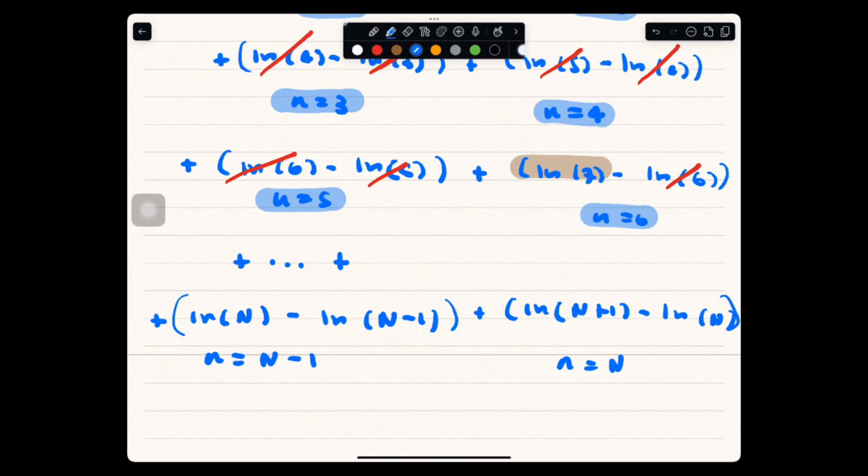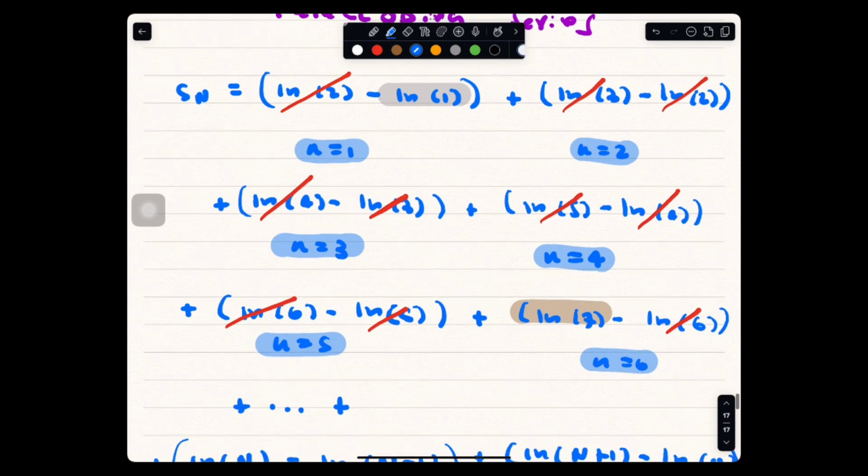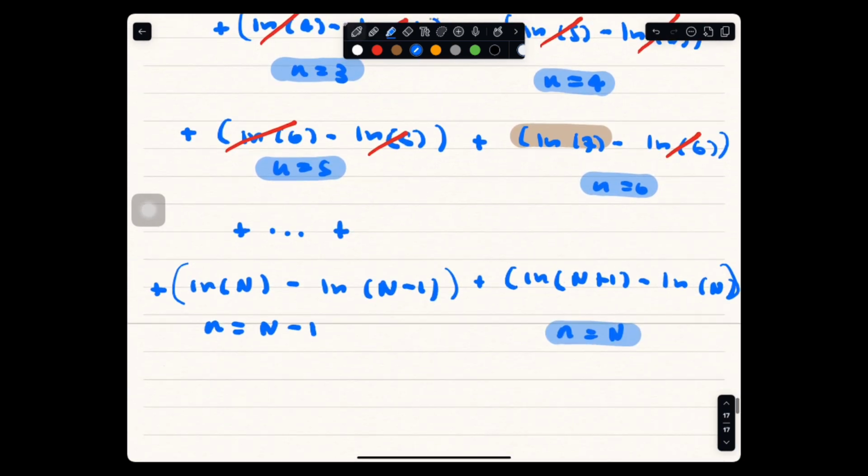So I want you guys to see that what's really happening is in this prior situation, these two terms go away and that last term goes away. What's really staying is right here. And this is actually gone as well, as we continue with our n's.